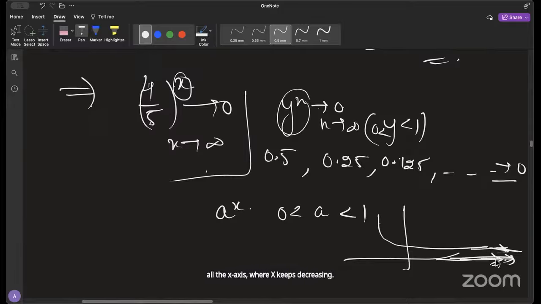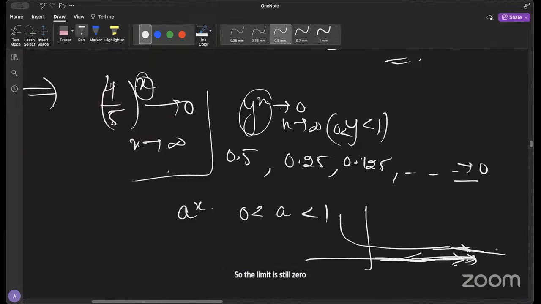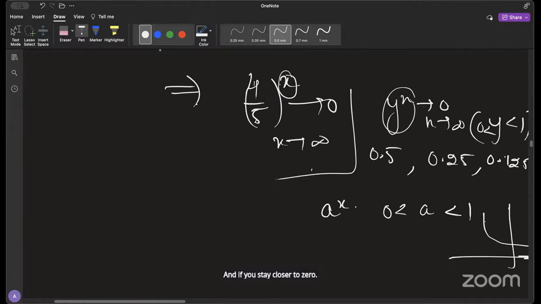It keeps coming closer to y equals 0 this way, but it won't touch the x-axis. We just need to find the limit. So the limit is still 0. Limiting means it won't cross 0 and go below 0. It will stay close to 0. Is that okay?